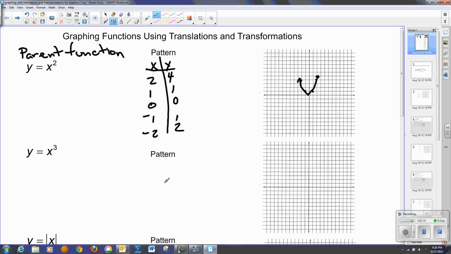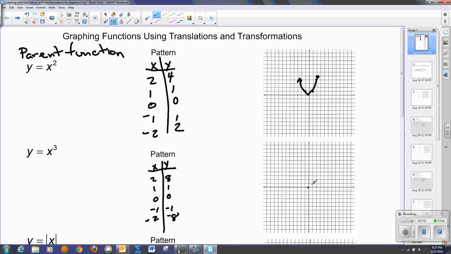Now, x cubed, you may not have graphed too much, but it's going to have a basic pattern too, and I'm going to use small numbers. So we call our x and our y, and we'll go 2, 1, 0, -1, -2, just to keep things small. And I get 8, 1, 0, -1, -8. I go ahead and graph that.